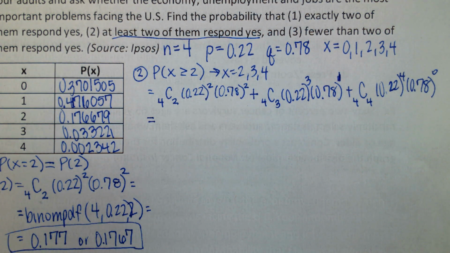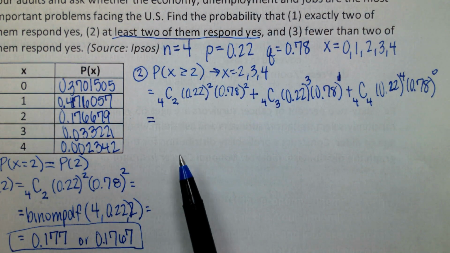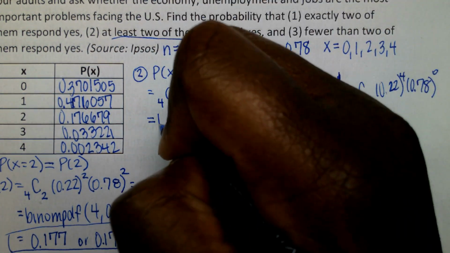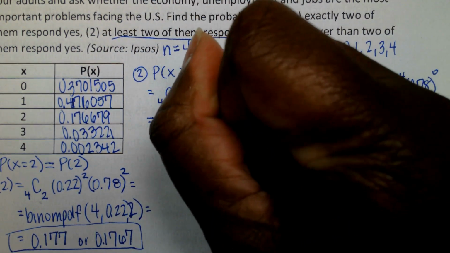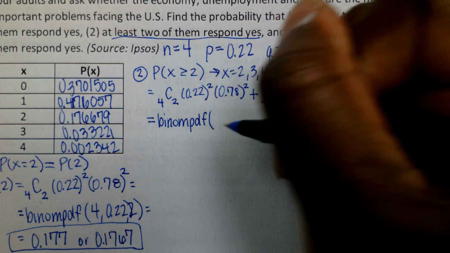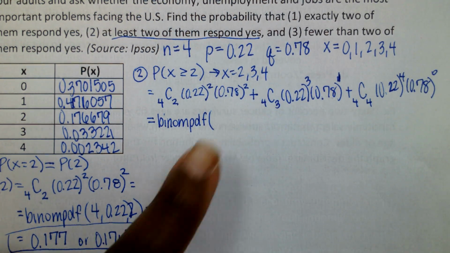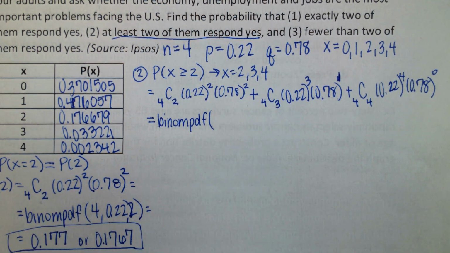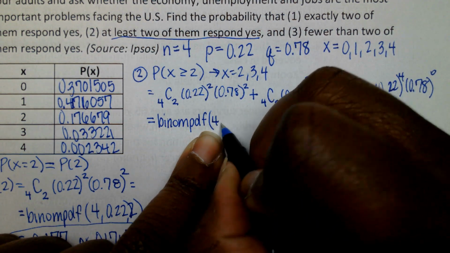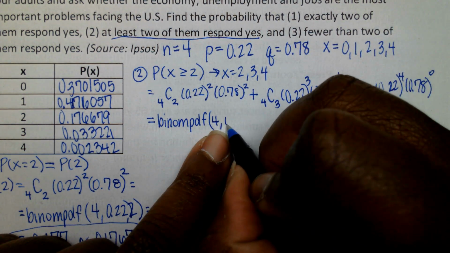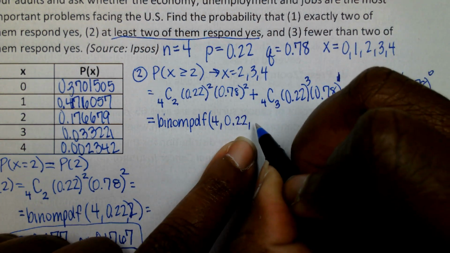If you're going to do binomial PDF, you're going to do the same thing. So binomial PDF. So remember, PDF is only exactly 1. So you're going to have to do the 2, the 3, and then the 4. So binomial PDF, we have 4, 0.22, 2.